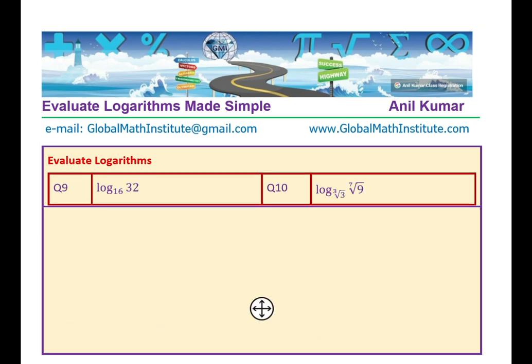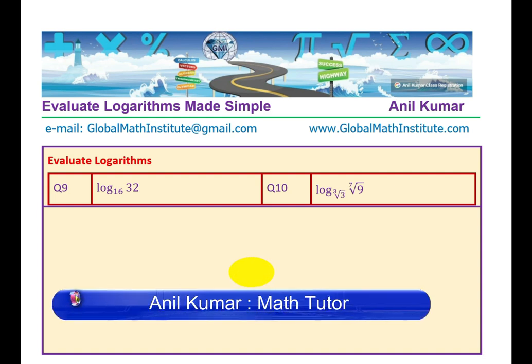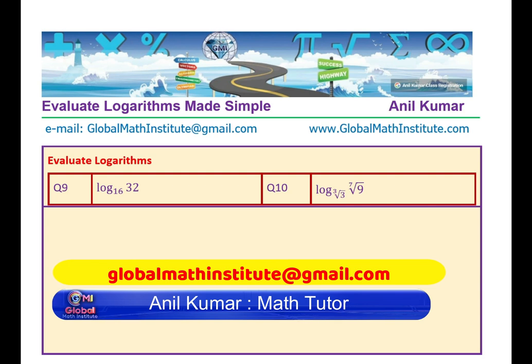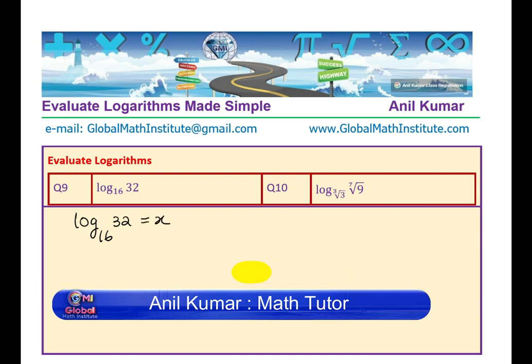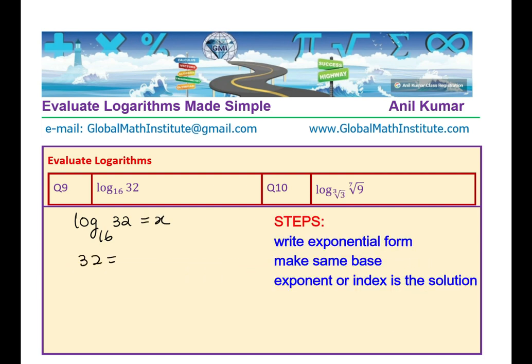Now that leads to the last two. So we have this question, log to the base 16 of 32. Let it be equal to x. So 32 equals 16 to the power of x.